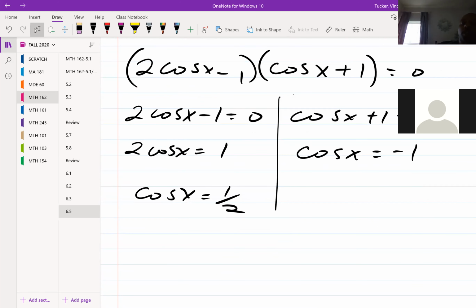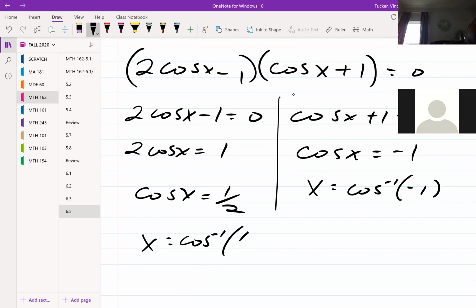All right, cosine, well, we're looking at this now. So if you want to know when is cosine equal to 1/2, when is cosine equal to -1?